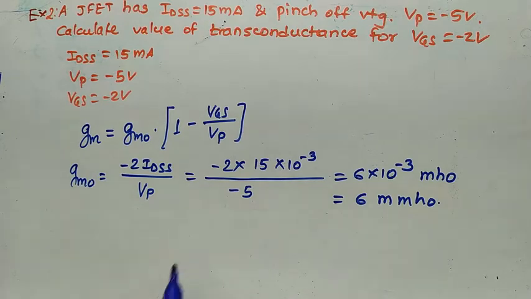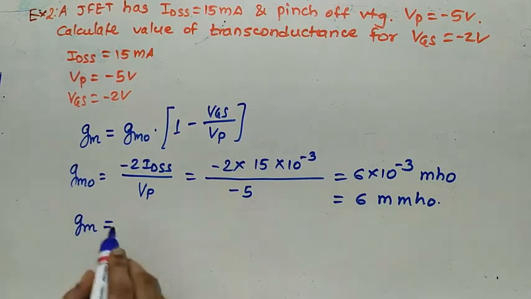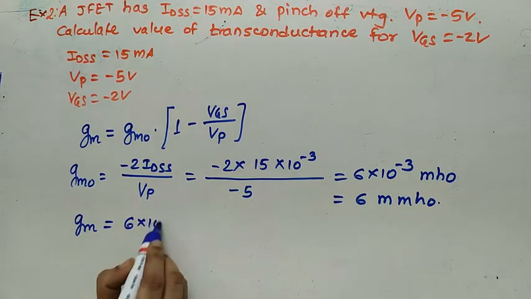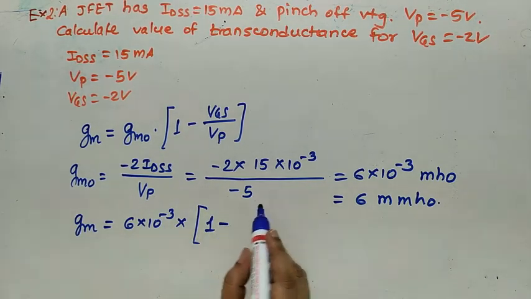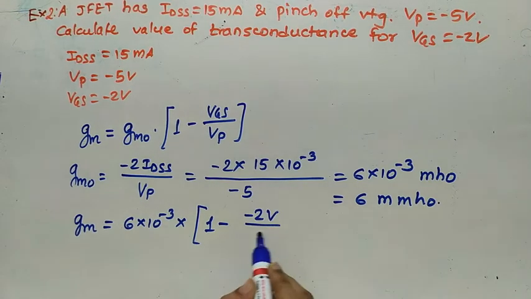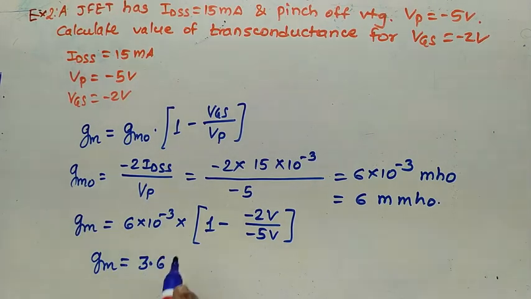Putting this value in the above expression we get Gm is equal to 6 into 10 raised to minus 3 into (1 minus VGS, which is minus 2 volt, divided by VP, which is minus 5 volt), and solving this on the calculator we get the Gm value equal to 3.6 milliampere per volt.